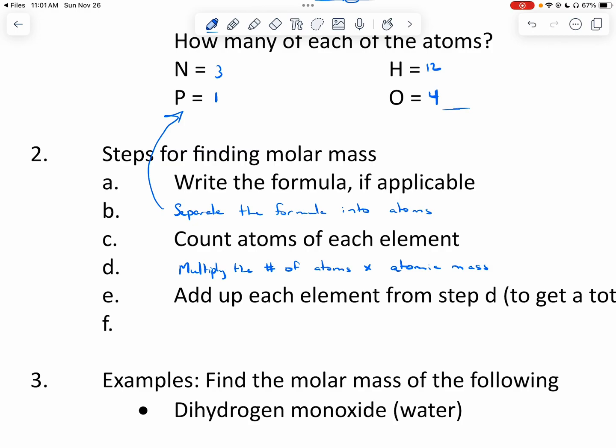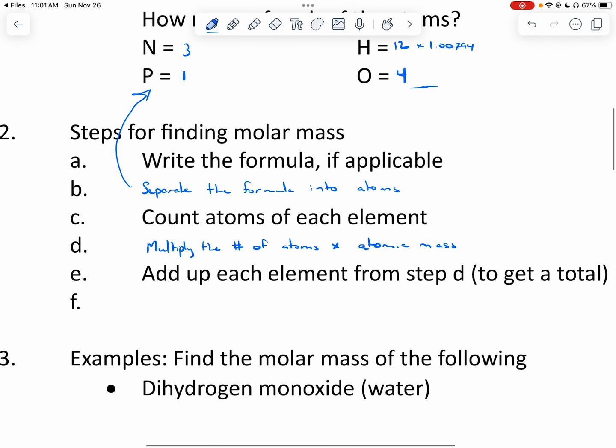All right, 12 times 1.00794 for hydrogen. Okay, and then we're going to add up each element from step D to get a total. And then last but not least, we are going to label with grams per mole. This is how we label it every single time. Grams per mole or grams/mole.